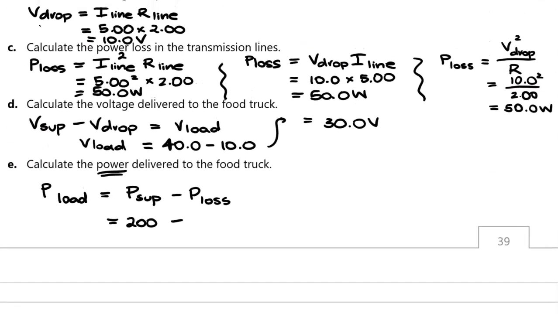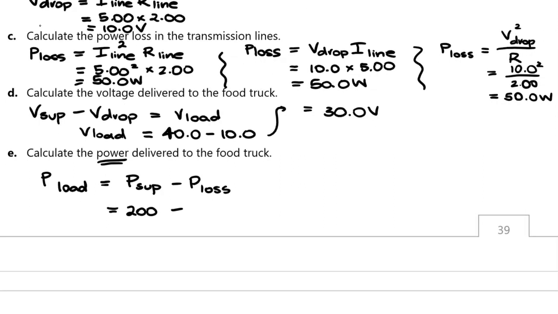The lost power, we calculated that in many different ways, but it was 50 watts regardless. So we only have 150 watts, that's 3 sig figs, remaining. That's a real shame. That's 25% power loss. Don't know about you, but I really do not want to be losing that much power every time.